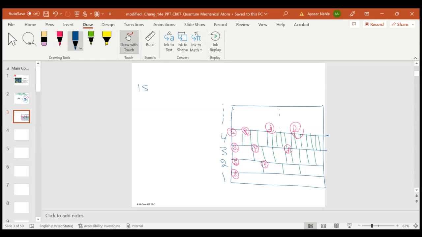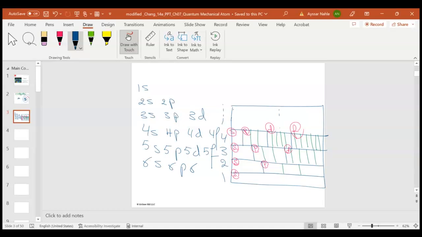And you go 1S, 2S, 2P, 3S, 3P, 3D, 4S, 4P, 4D, 4F, 5S, 5P, 5D, 5F, 6S, 6P, 6D, 6F, 7S, and I don't need to continue.